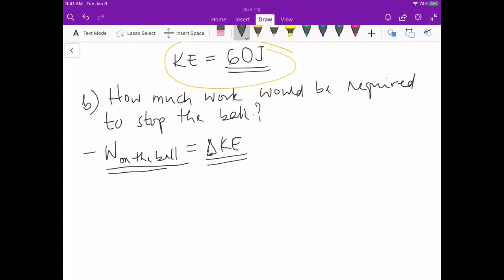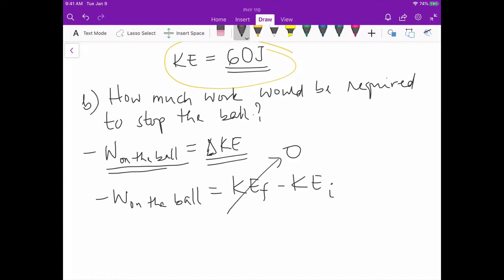So the negative work on the ball that you did to bring the ball to rest is its final kinetic energy minus its initial kinetic energy. The final kinetic energy is 0 because you are bringing the ball to rest.